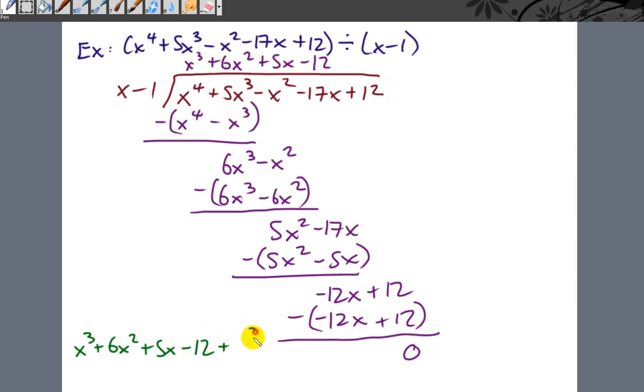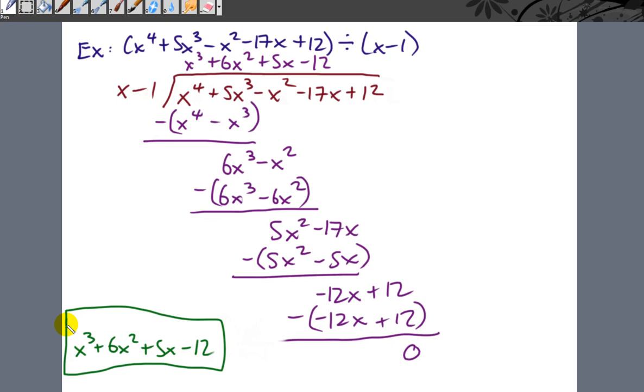Then we have our remainder here, and we're dividing it by our divisor. But as you see here, 0 divided by any number is 0. So realistically, since that is not there, this is our answer.